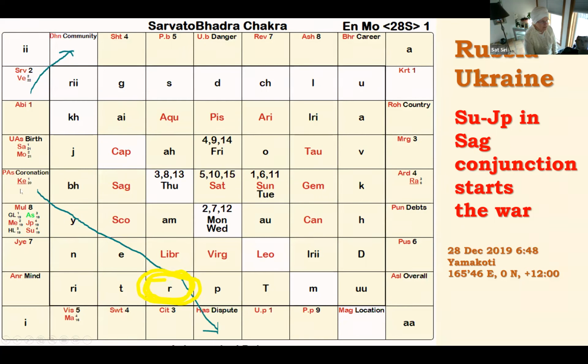And we see, in fact, this fateful Ketu Veda is coming down from the Abhishek, the coronation, diagonally right through Russia and right into dispute. Okay, that's a pretty clear message there.